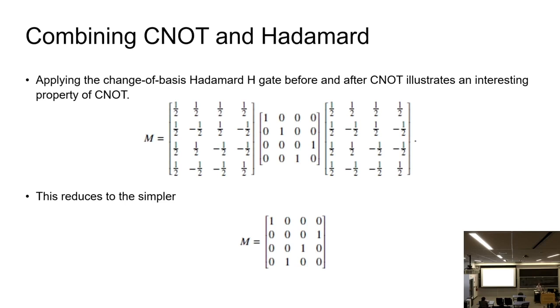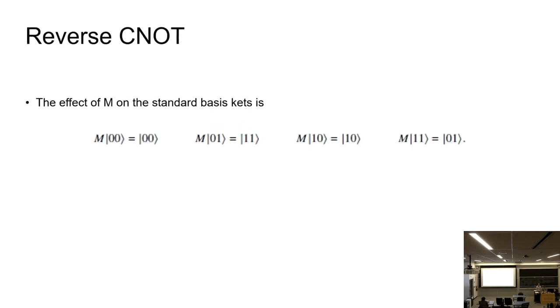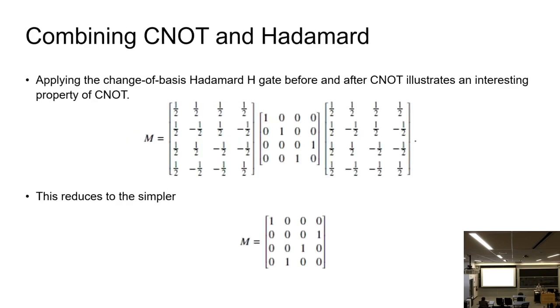What does this matrix do? I guess by inspection, well, maybe you can tell me. What does this matrix do, just by inspection? Maybe we can chop it up. So what it does, it swaps the second and fourth coefficients of our standard ket expressions.